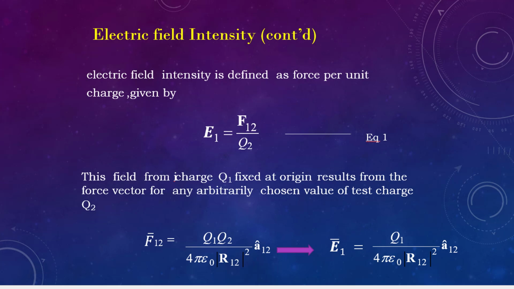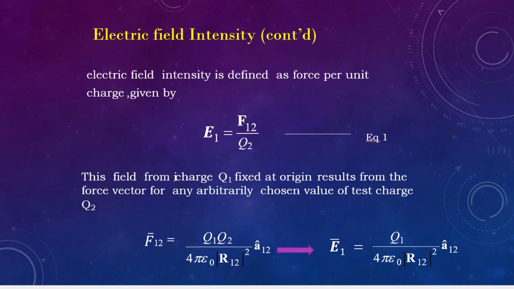Thus, the electric field intensity in equation form is E1 equal to F12 divided by Q2, where F12 is the force on charge Q2 because of charge Q1, but charge Q2 is only a test charge at point P. But we know that F12 is equal to Q1 Q2 divided by 4 pi epsilon naught R12 square into a cap R12.